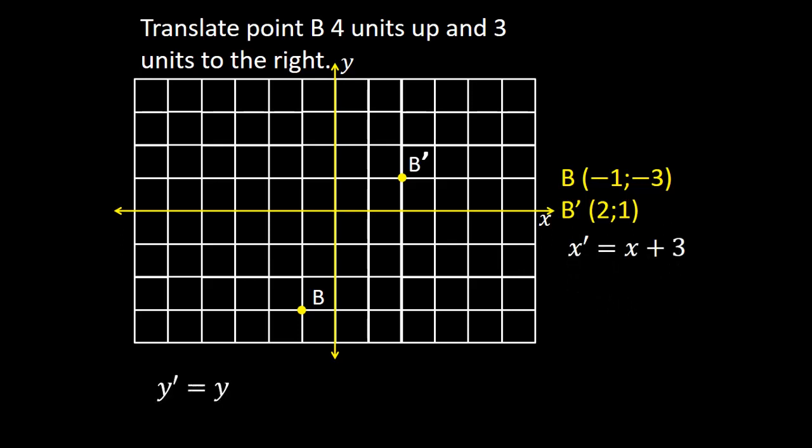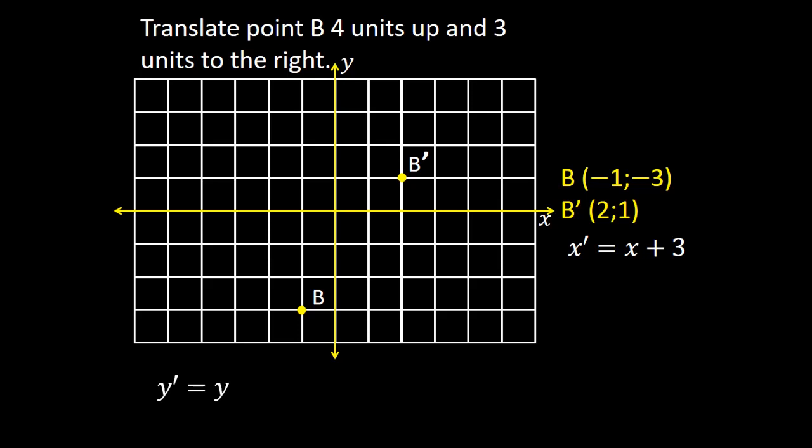So what is happening with our y value? Well, the y value for B is negative 3, and for B prime is positive 1. So how do I get from negative 3 to positive 1? Hopefully you can see that you add 4.